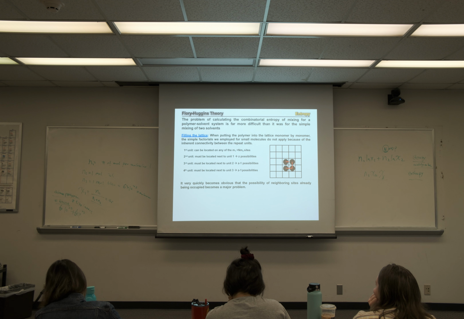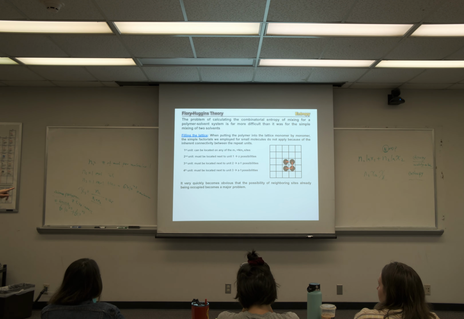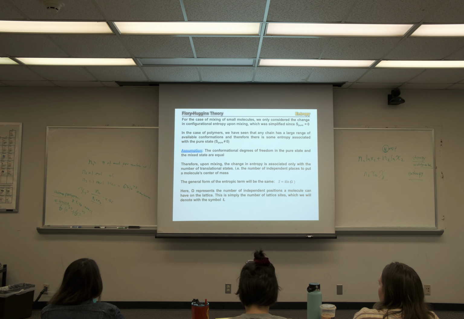Think about mixing 1 mole of toluene and 1 mole of hexane. The first toluene can be in any lattice site, 6 times 10 to the power of 23. The second one, 6 times 10 to the power of 23 minus 1, which is equally infinitely big. But if you put in a polymer, the first one has the same possibility, but the second one is just 4. 4 is much, much smaller than 6 times 10 to the power of 23.